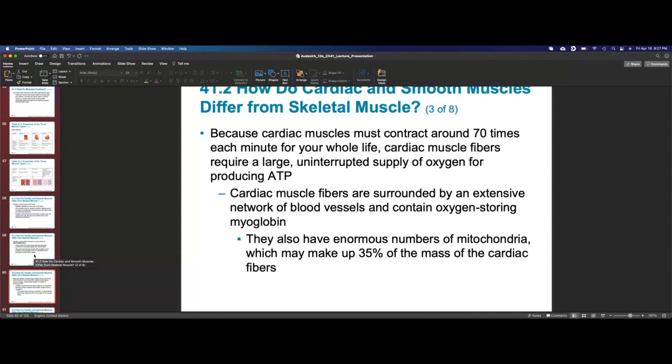Cardiac muscles, most of the time, you're probably at rest unless you're actively running or carrying something. So, in general, at rest, your heart rate will be around 70 beats per minute. And so what that means is that your cardiac muscle fibers require a large uninterrupted supply of oxygen because they always need to use ATP. Whereas in skeletal muscles, the amount of ATP and oxygen varies wildly.